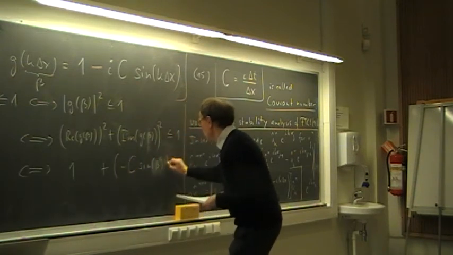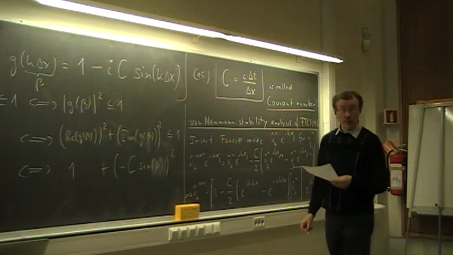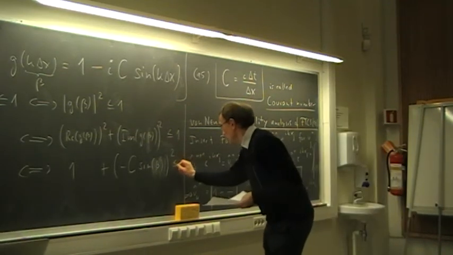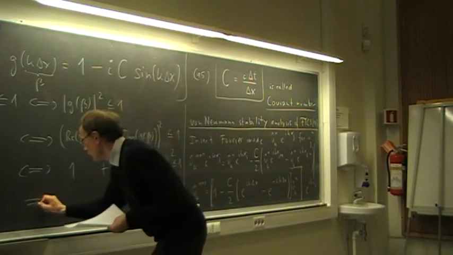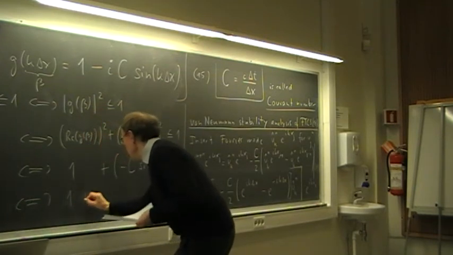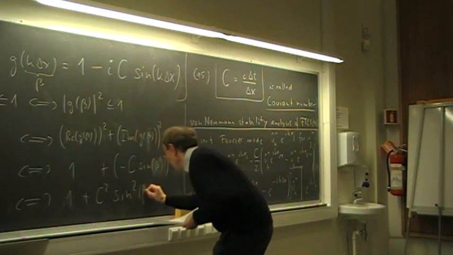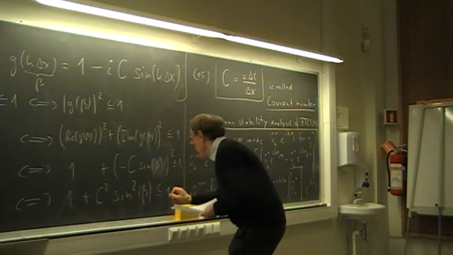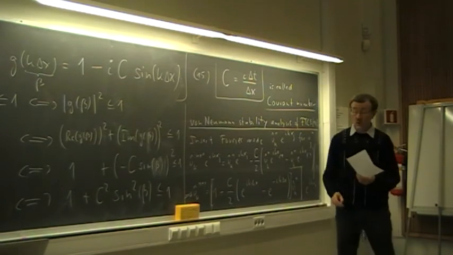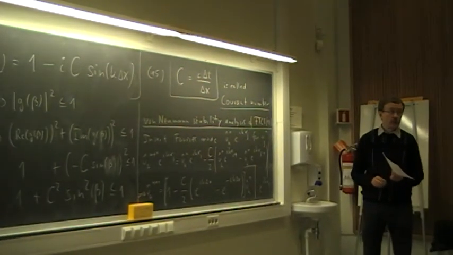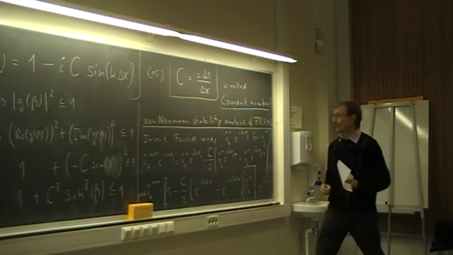So that is the imaginary part, that is squared. So this gives then c squared sine squared. That has to be smaller equal than 1. 1 plus c squared sine squared of beta has to be smaller equal than 1. That has to be true for all beta. That is clearly not the case.